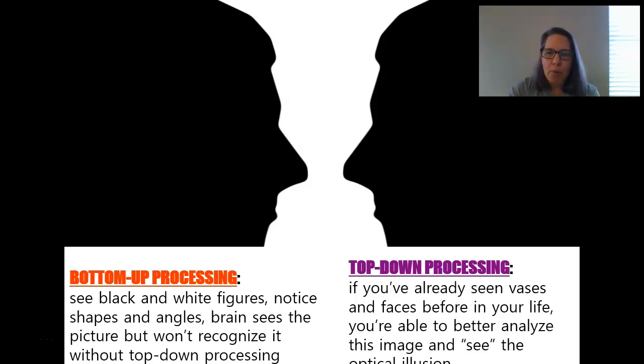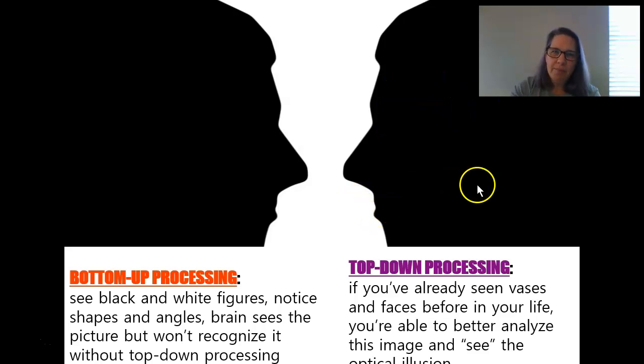So in top-down processing, if you've already seen this image, which is called Vases and Faces, or if you maybe just saw the title and read that it was Vases and Faces, you're able to better analyze this image and see the optical illusion.